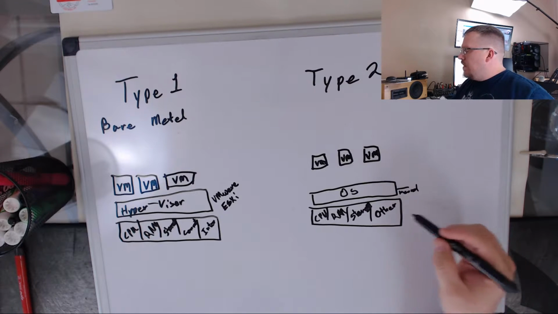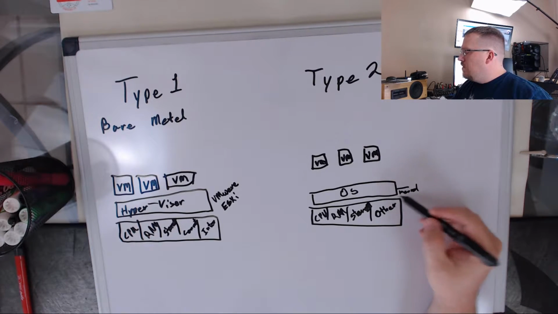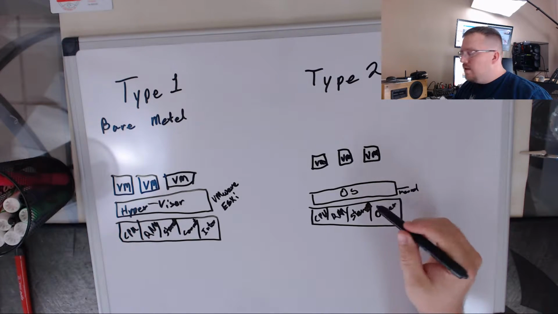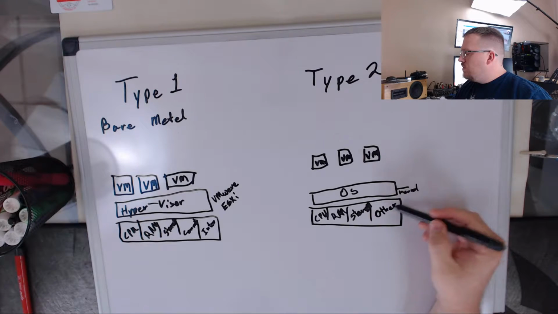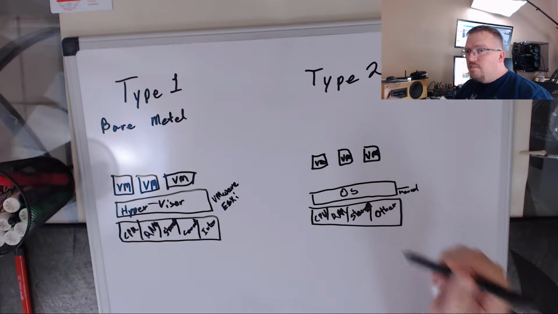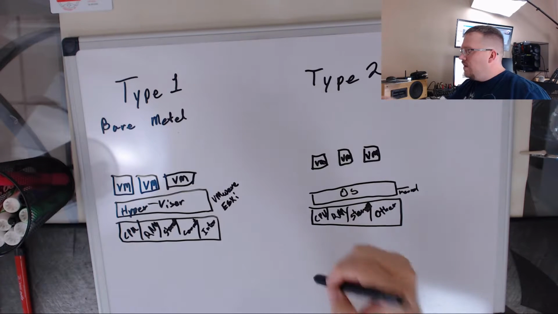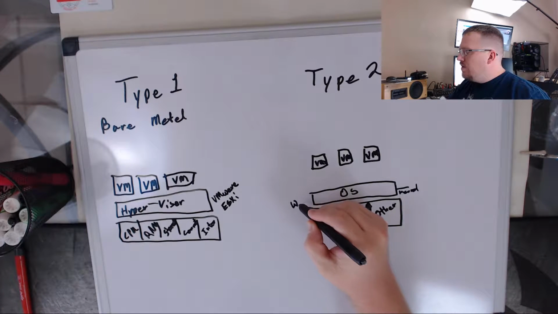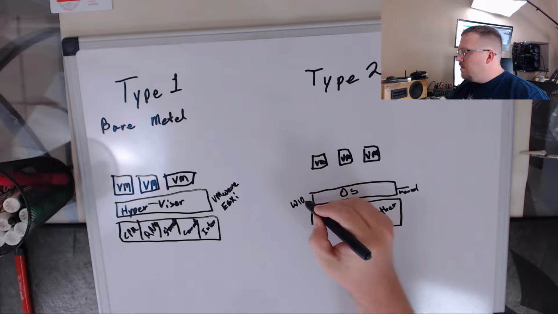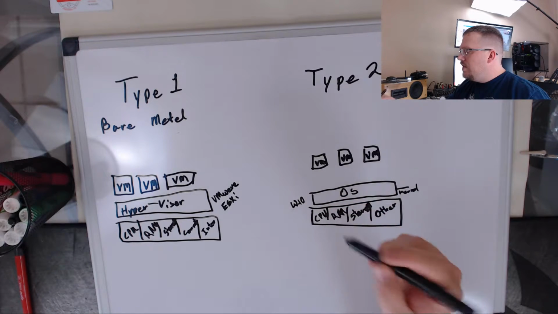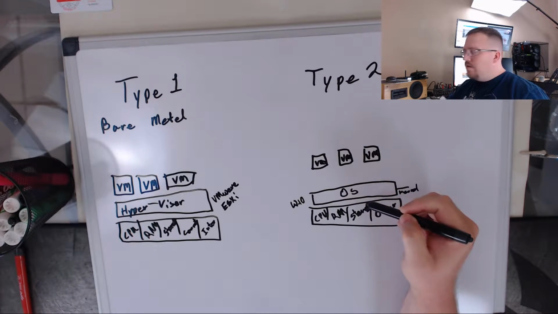The kernel on your OS manages and controls your hardware on your system. For example, the way I have my system set up is I have a host OS installed, and in my case that's Windows 10, so I'll just write W10 as my OS.